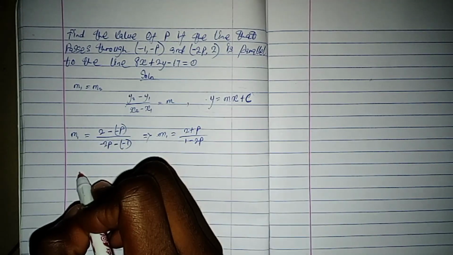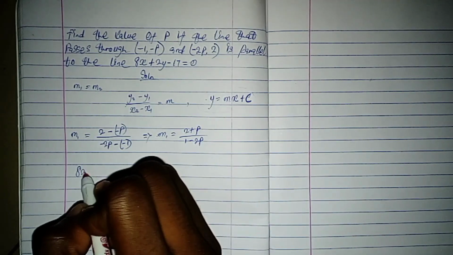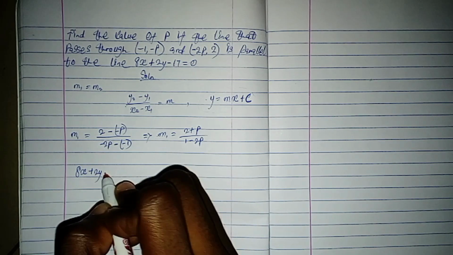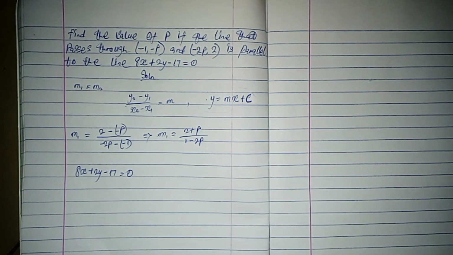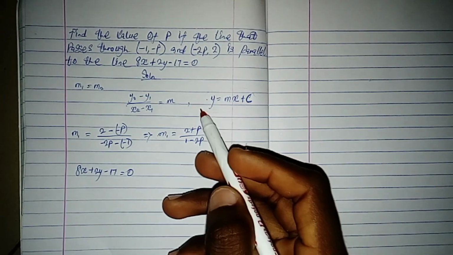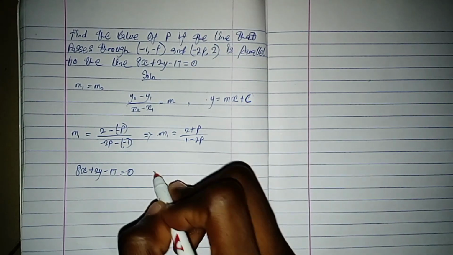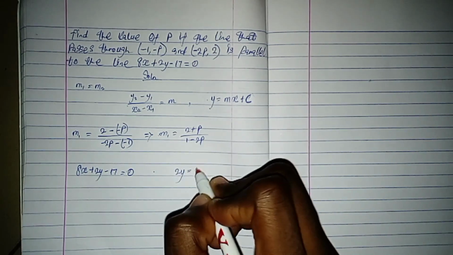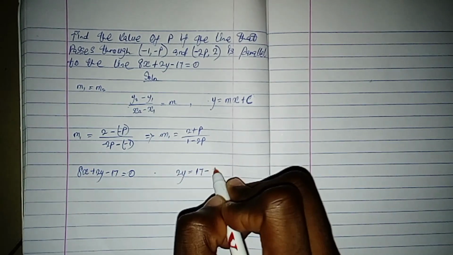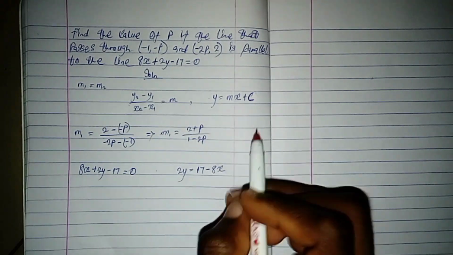For the second line, we have 8x plus 2y minus 17 equals 0. So if we are to arrange it according to the general formula, we say 2y equals 17 minus 8x, right?